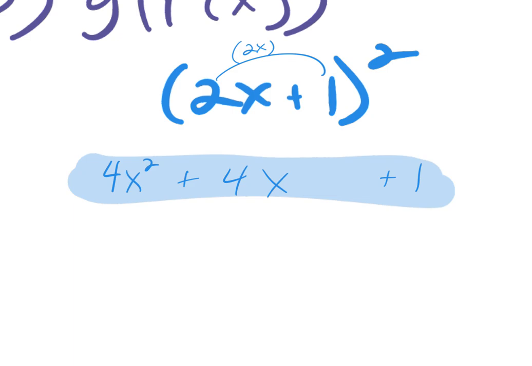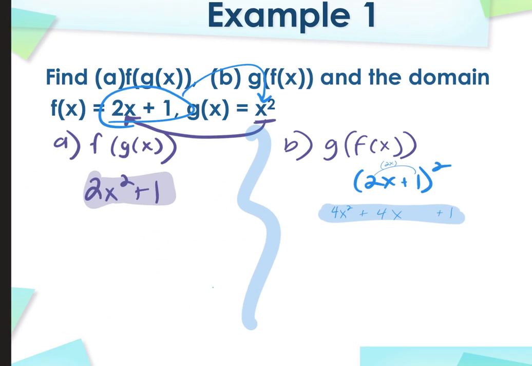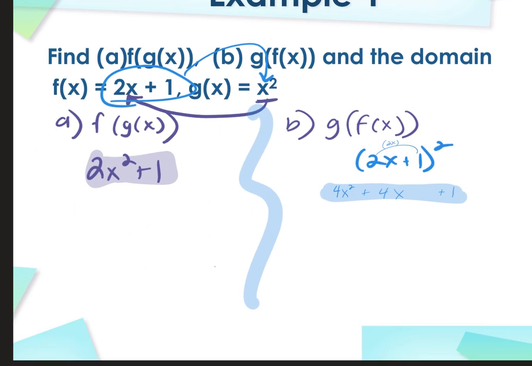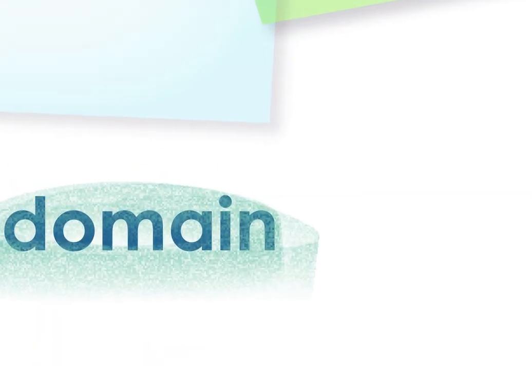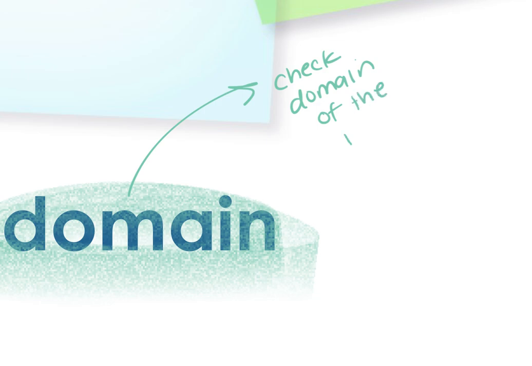Question so far? Okay, now let's talk about the domain of a composite function. So the rule on domains of composite functions, if it says find the domain of this function, then you have to do two things. You have to check the domain of your initial function inside the parentheses, or second, because you could write it both ways.